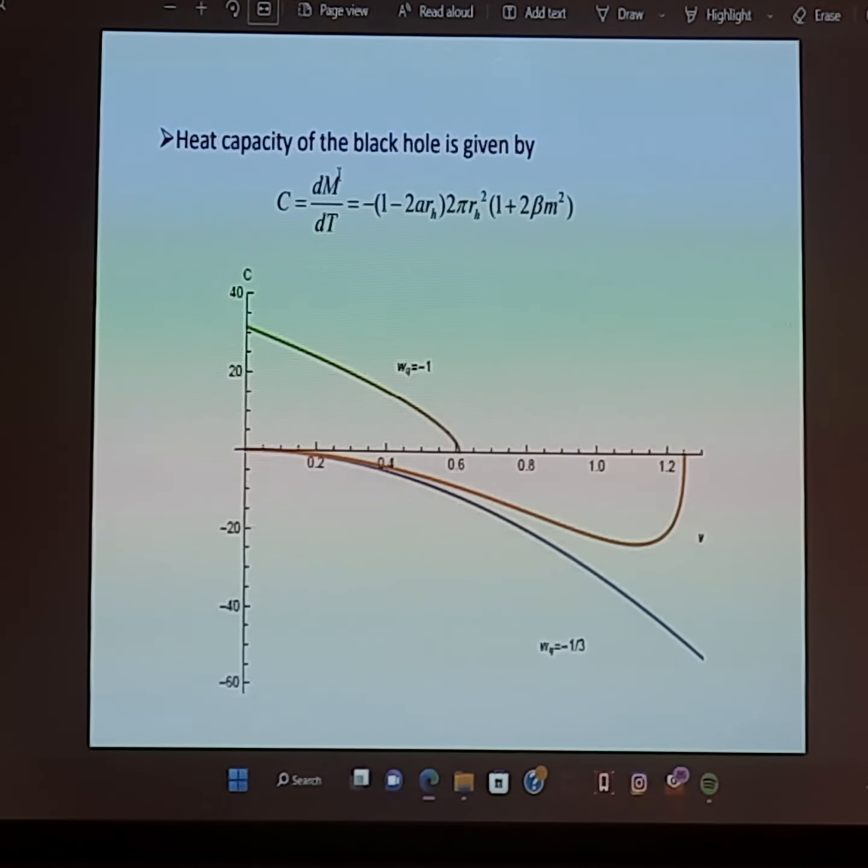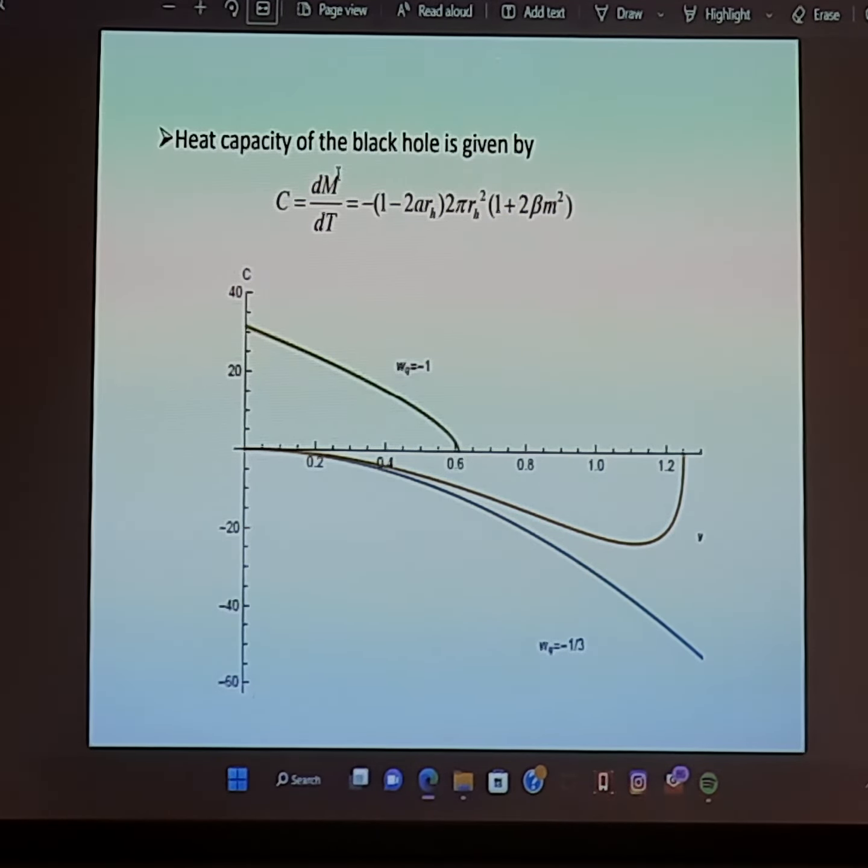What is important is the condition of the black hole, the conditions like mass and this quantity A. In this way we unify the two opposite results. Thank you.